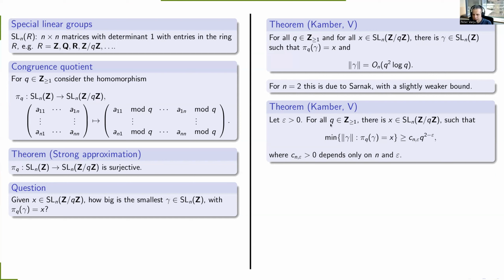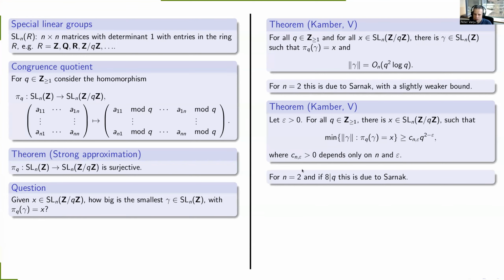So this result says that for all modulus Q, you can prescribe the matrix modulo Q in such a way that for any lift, the size of the integers that you need to solve this lifting problem is going to be of size some constant depending on n and epsilon, times Q to the 2 minus epsilon. So what this means is that this exponent 2 is the best possible you can get.